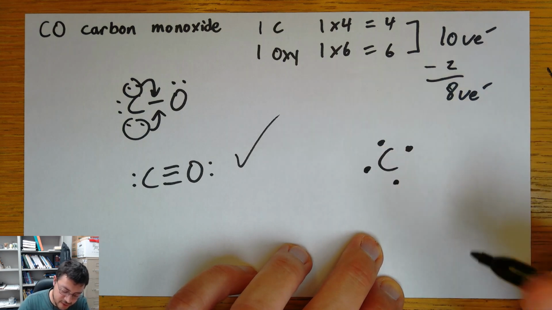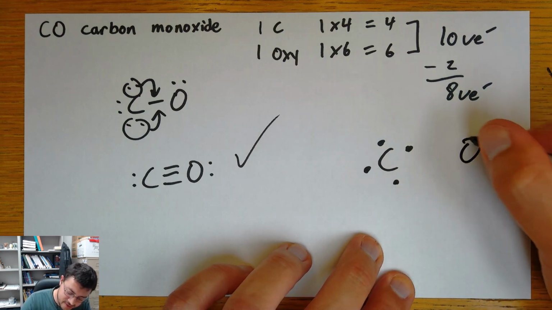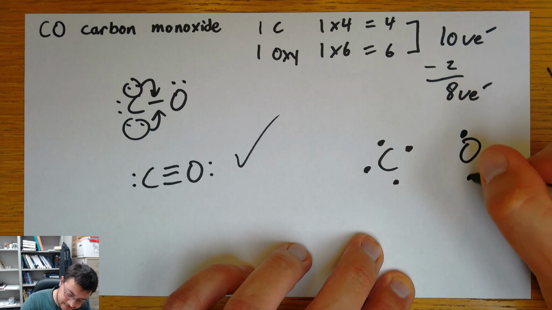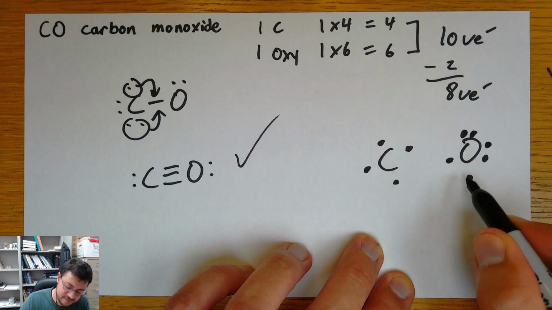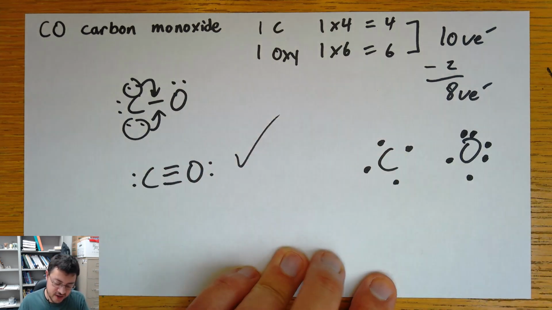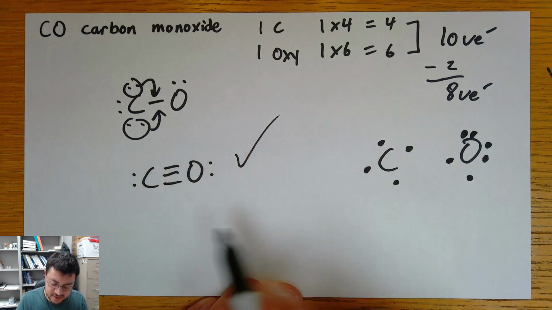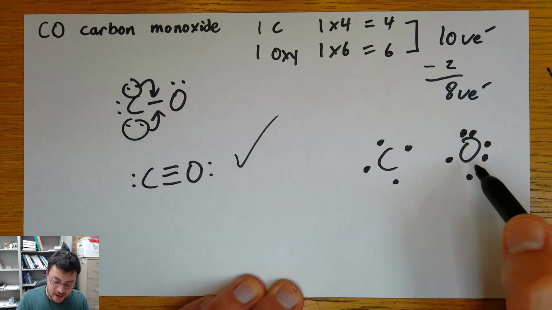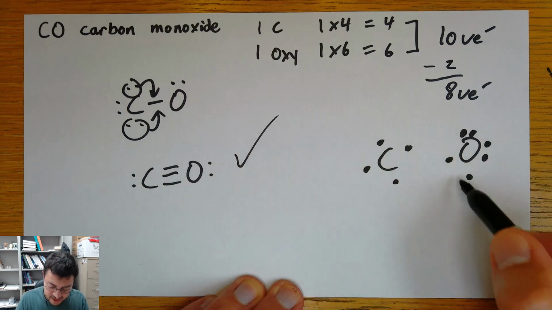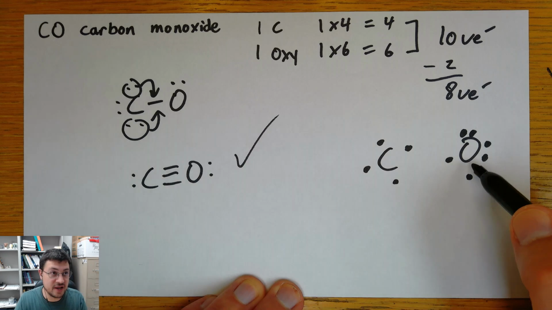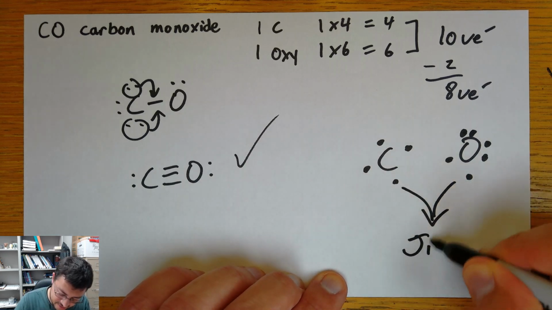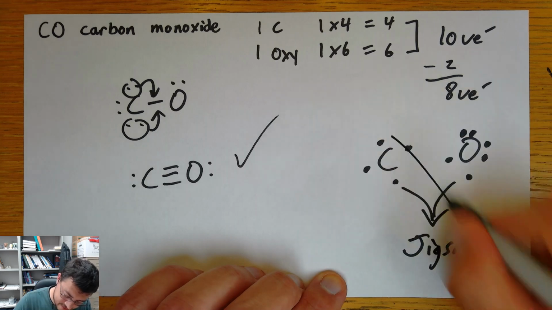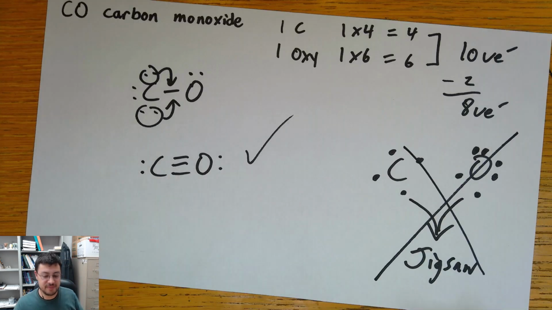Carbon's ready to make 4 bonds in its Lewis symbol, but oxygen is only ready to make 2 bonds. Yet we see in the correct structure, carbon has 3 bonds, not 4. Oxygen has 2 bonds, or excuse me, 3 bonds and not 2. Okay, so we cannot jigsaw them together. It will not work like a jigsaw puzzle.